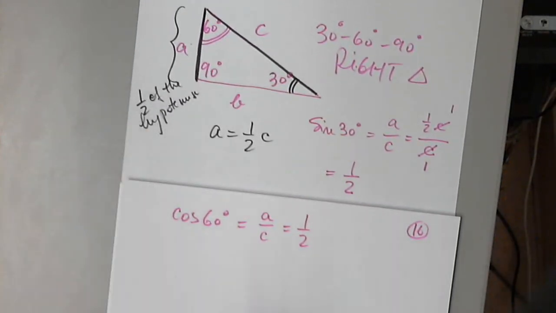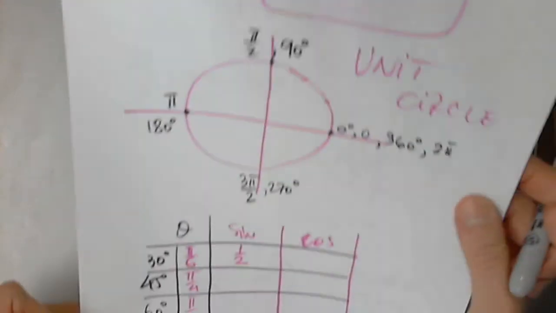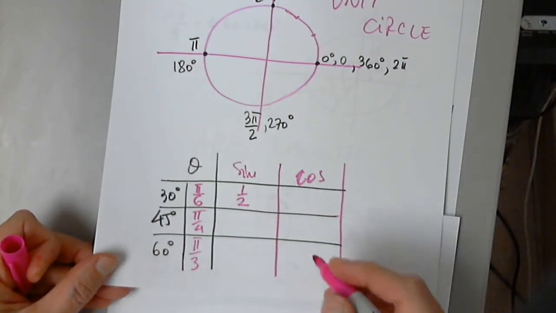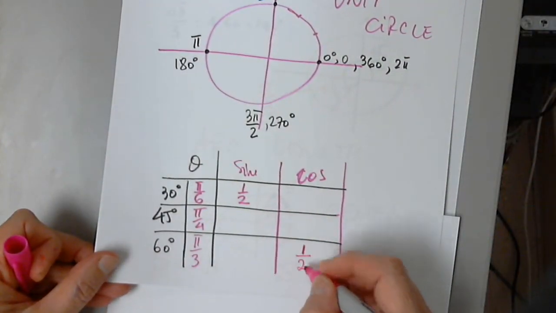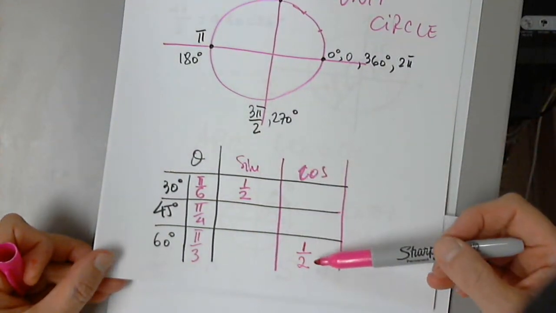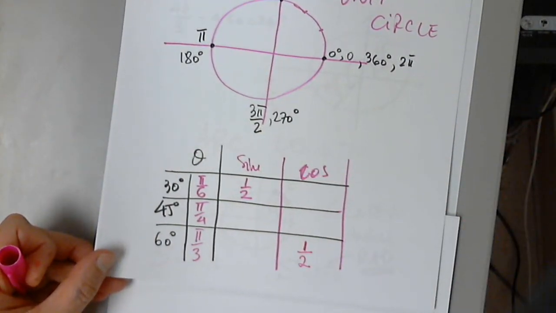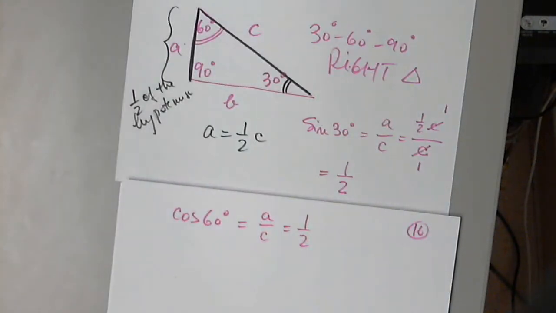So we go back to our table and we jump to 60 degrees, pi over 3, right here. 1/2, 1/2. Any questions? Okay, back to our triangle.